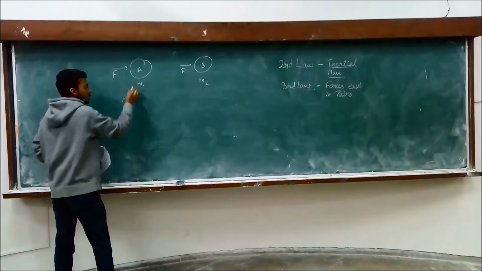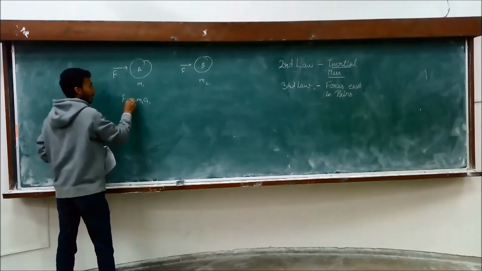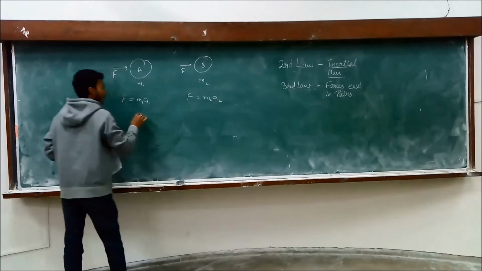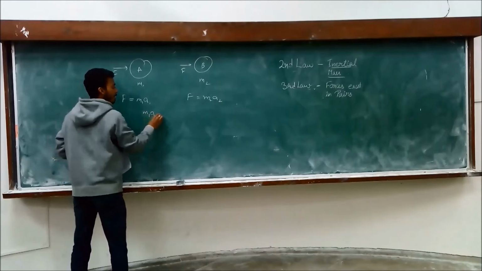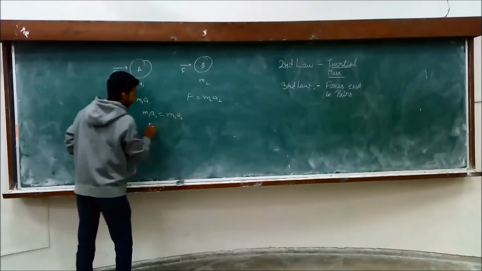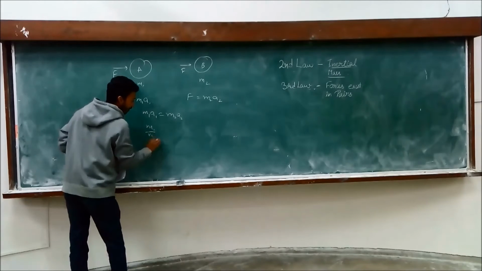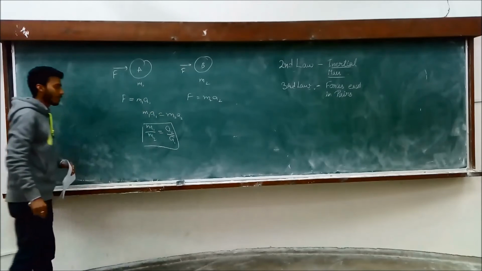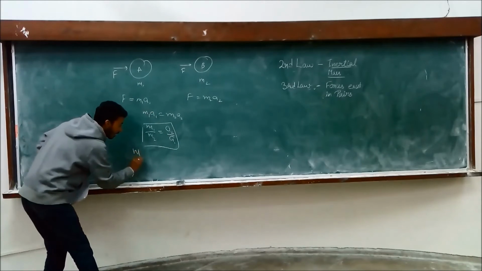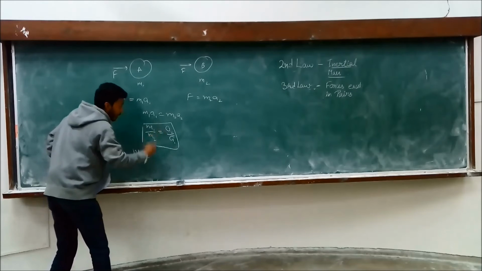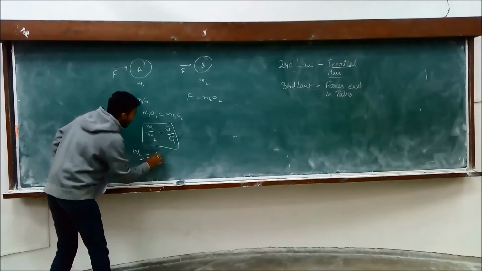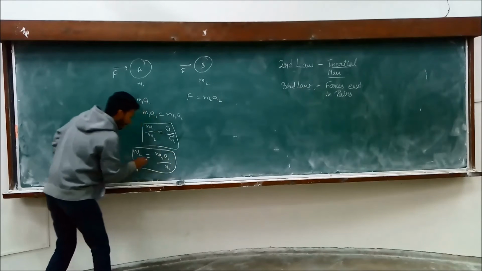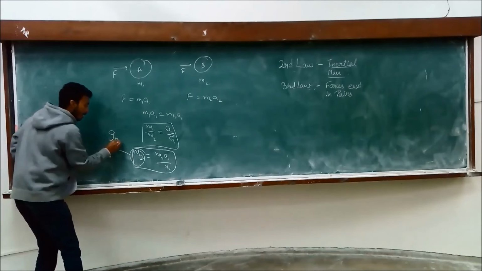So the force for this one is m1 a1, and the force for this one is m2 a2. Equating these, m1 a1 is equal to m2 a2, and m1 divided by m2 is equal to a2 by a1. And the mass we should calculate by doing this experiment, m2 is equal to m1 a1 by a2. This mass is called inertial mass.